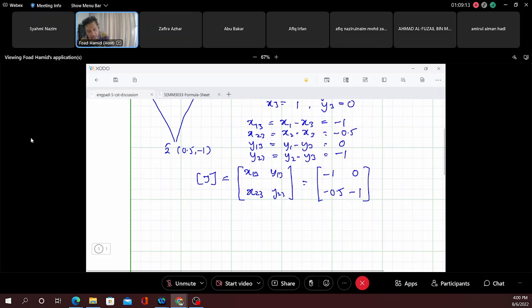So the determinant of J is just this times this minus this times this, so equal to 1. And the area is half of determinant J, so it is equal to 0.5.